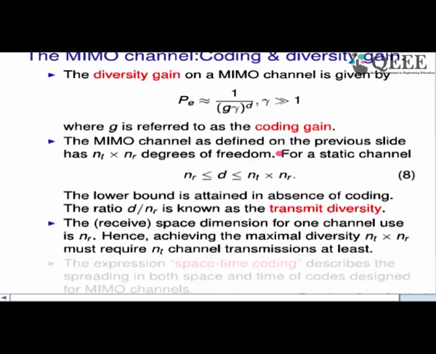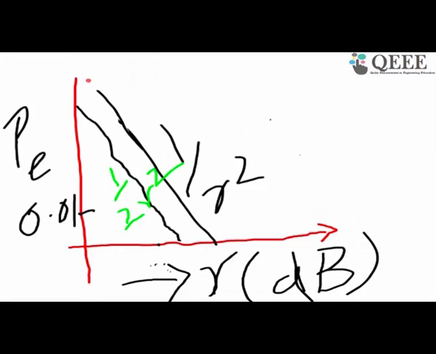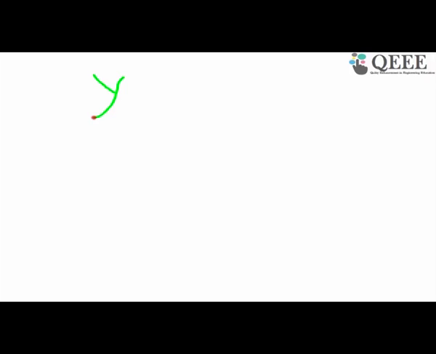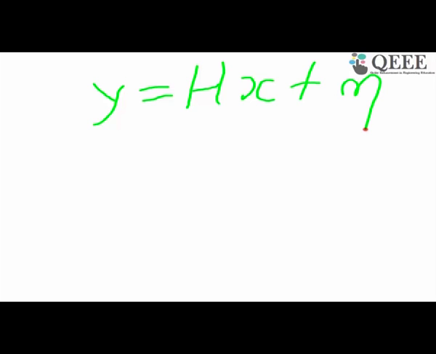Remember the channel model. If you want, I will write it down here on the whiteboard. Y is equal to H X plus eta. Your H is an NR cross NT matrix: NT transmit vectors, NR receive vector.